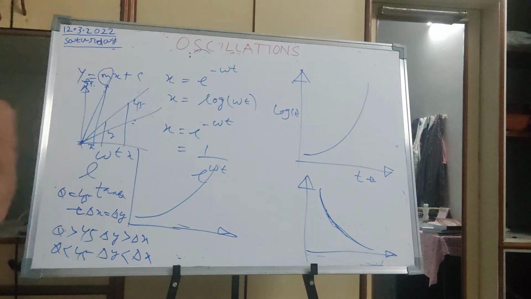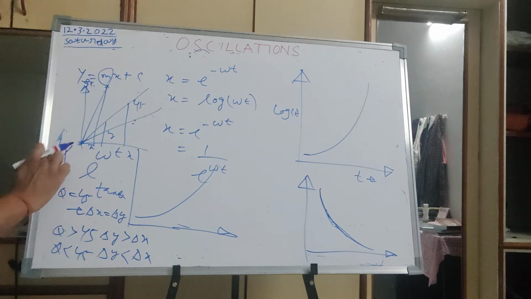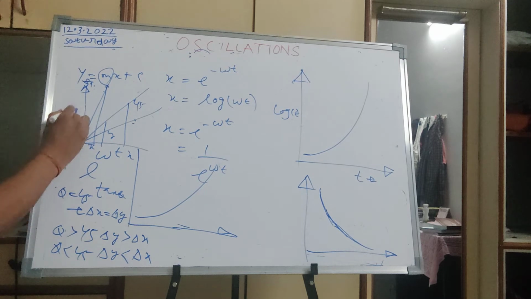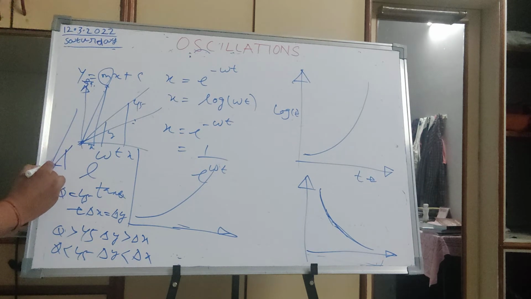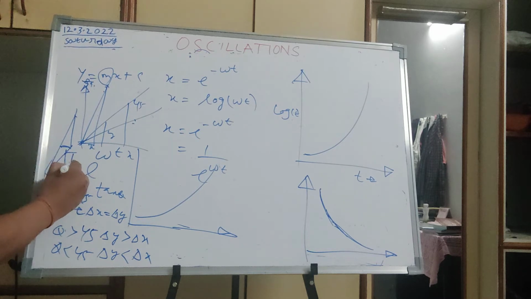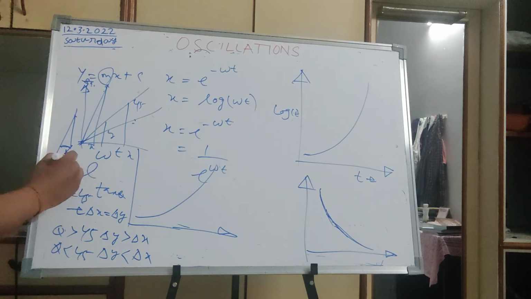So what is slope actually? For a line with high slope, for the same increment, let us say this is delta x, if I put the same increment, you can see how much the delta y is.